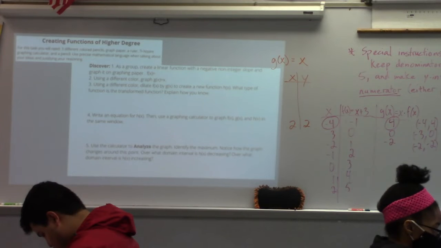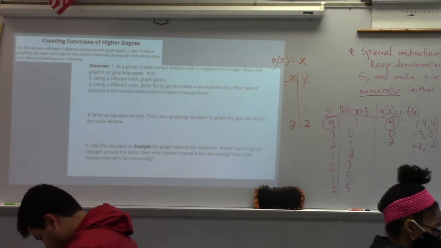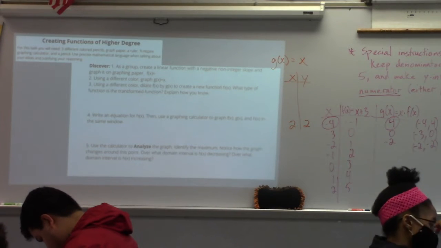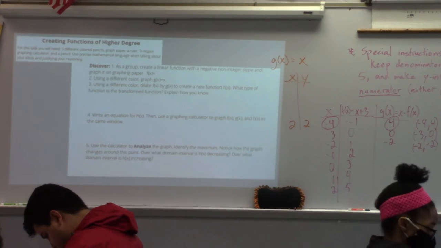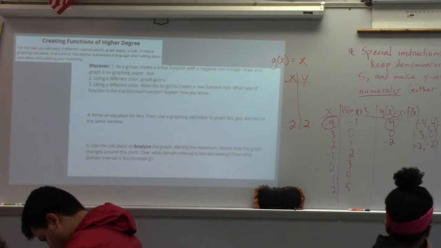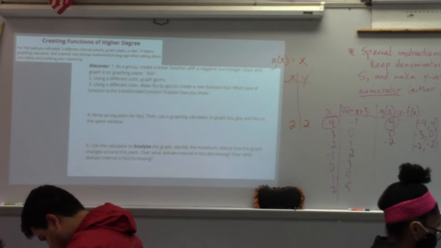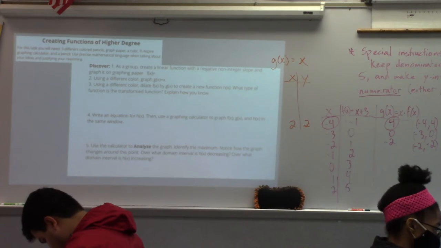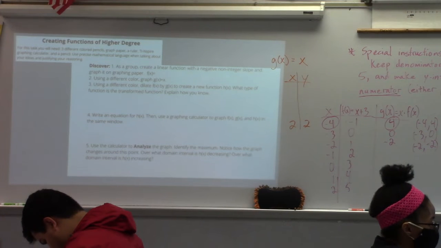So then, when they graphed these two, at least if they were doing it by hand, they weren't sure where the vertex was, because it'd be somewhere between 2 and 3. But if they make the y-intercept double, then it would have intersected right here at the 5. Which is why I was asking them, because they would have 0 and 10, so they can easily average, and that would be one of the points that they have in the table automatically.